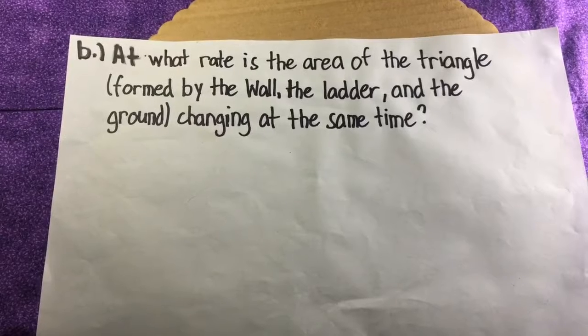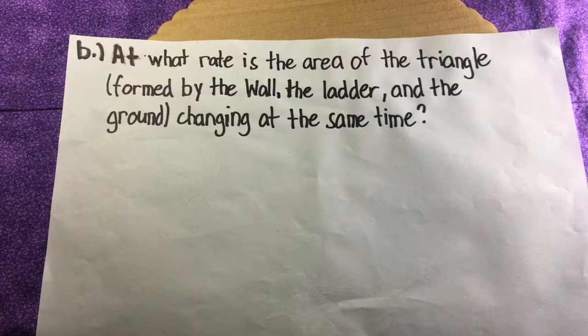Our next question is, at what rate is the area of the triangle formed by the wall, the ladder, and the ground changing at the same time? Now the unknown is the rate of change of the area, dA over dt.